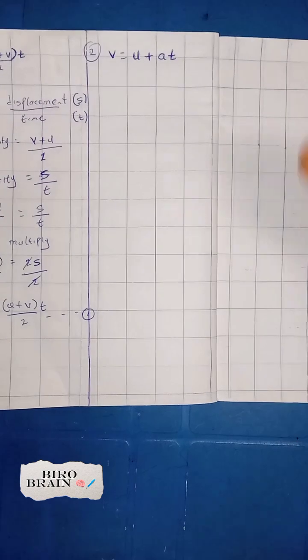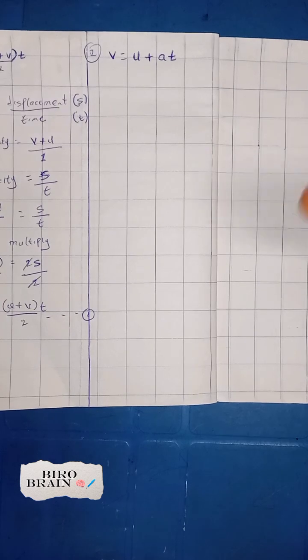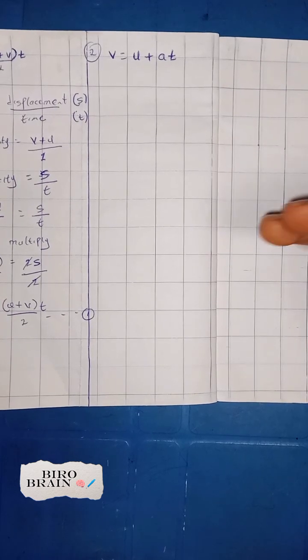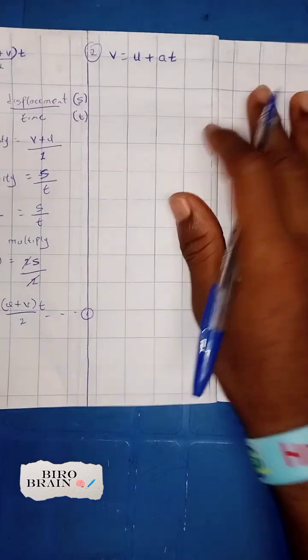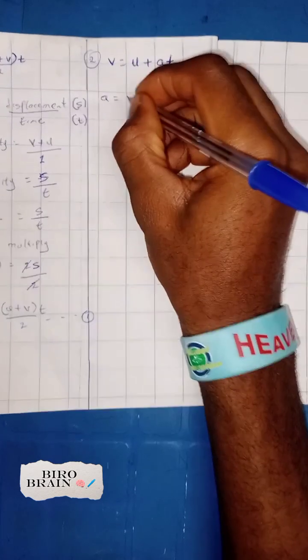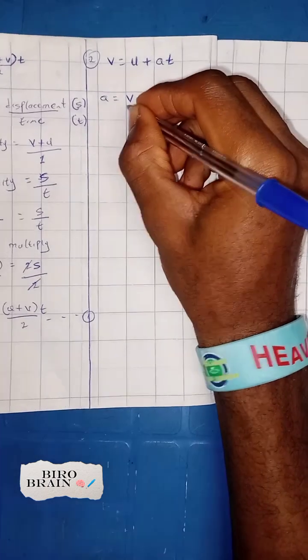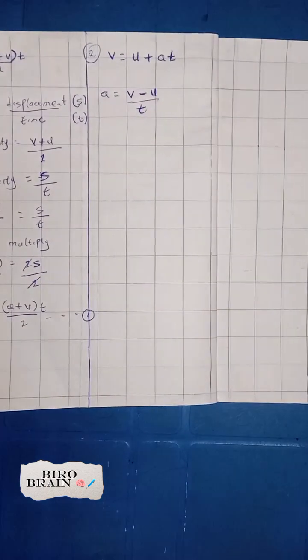So deriving the second equation of motion is actually from the definition of acceleration, which states that acceleration is the rate of change of velocity with time. So we can also say acceleration is equal to v minus u over t. Then you cross multiply.